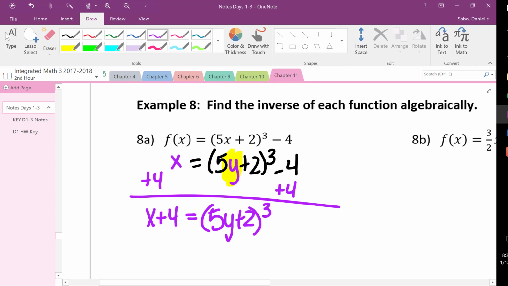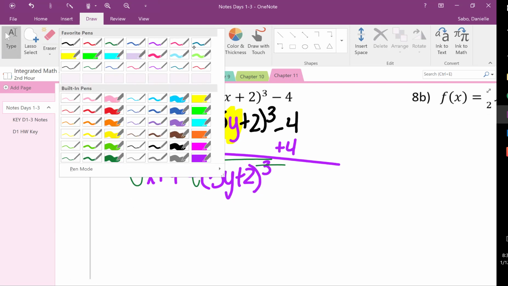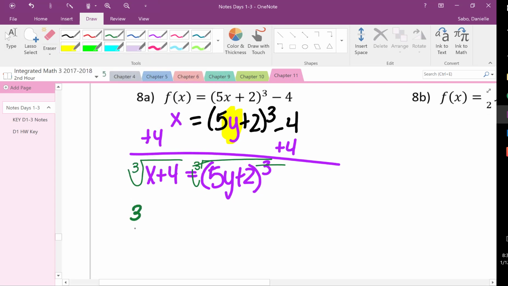So I'm going to take the cube root of both sides, and that cancels that out. So then I have the cube root of x plus 4 equals just that 5y plus 2.